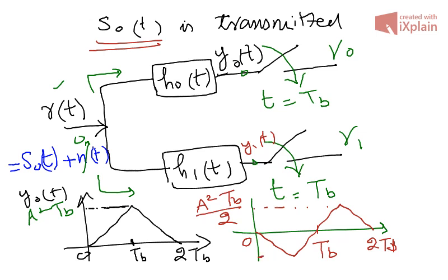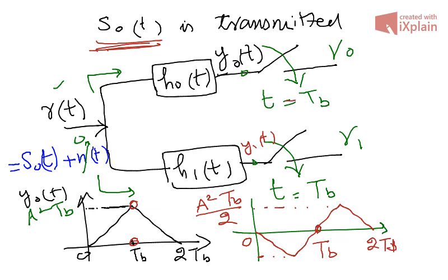Similarly, its negative value would appear here. So the response at this instant, in the absence of noise, when we transmit S0 and observe the response of these two matched filters, Y0 of t and Y1 of t, the response of the first one is maximum at this instant TB.